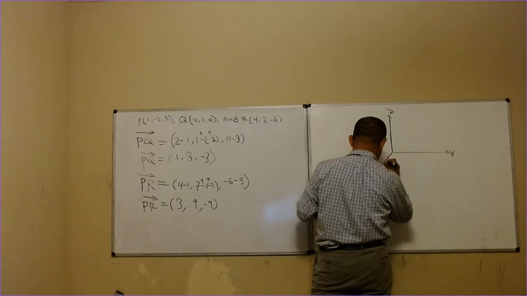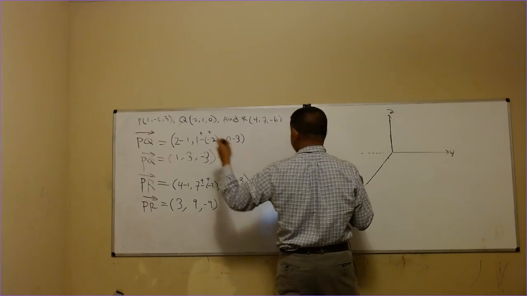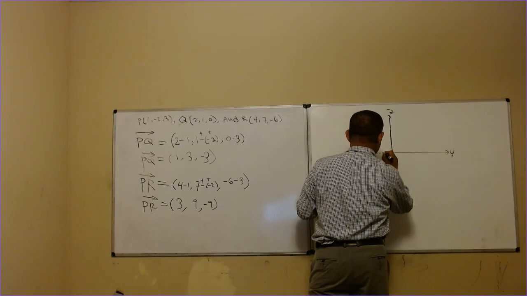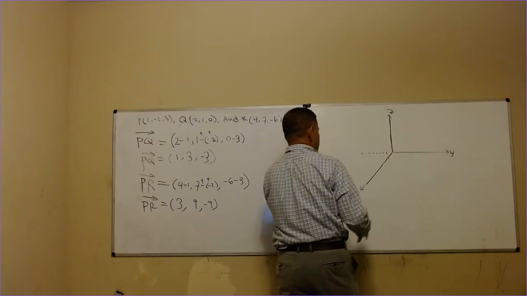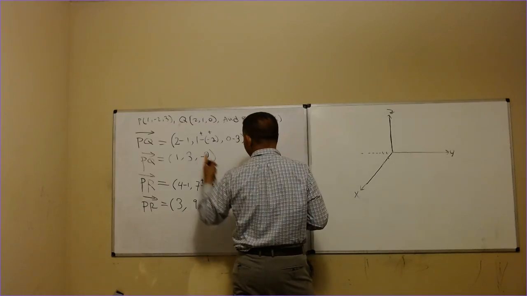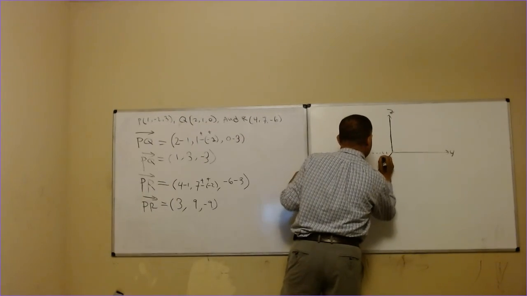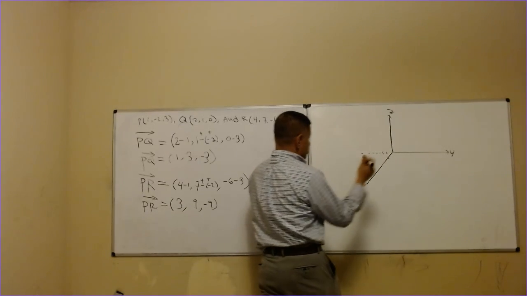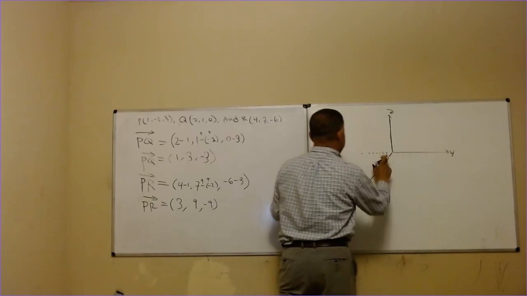Okay, so 1 unit. I'm going up 1, 2. All right, and this is the point where the negative 2 on the y lays right here. This is a negative 2 on the point on the y, right? So this is a negative 2. I don't know if you can see, but it's right there.